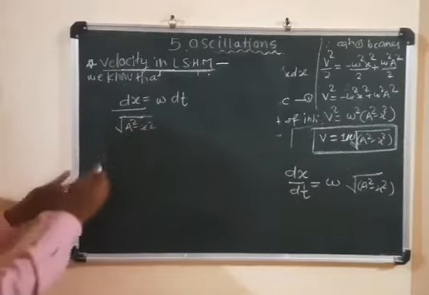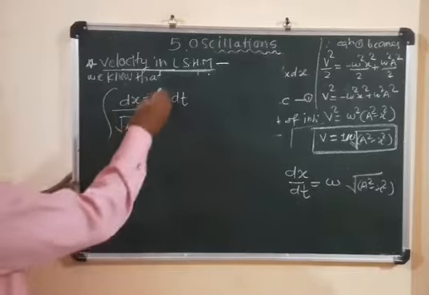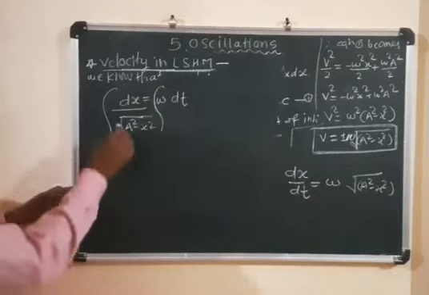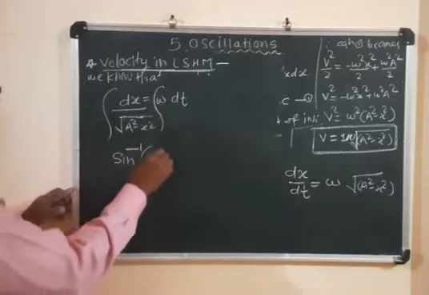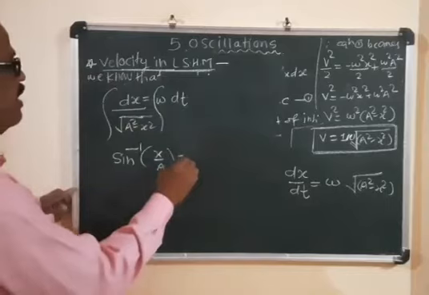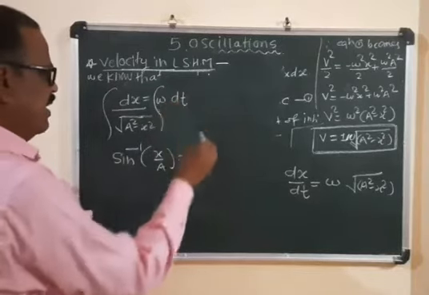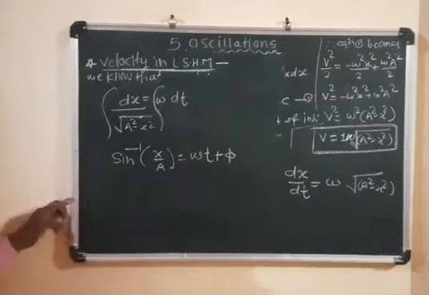Integrating this equation, we write integration dx divided by this is equal to integration omega into dt. We get the direct formula for this: sin inverse of x divided by a is equal to omega, a constant, times integration dt, which is equal to t plus phi, where phi is the integration constant.